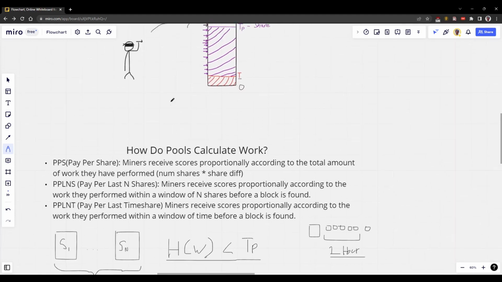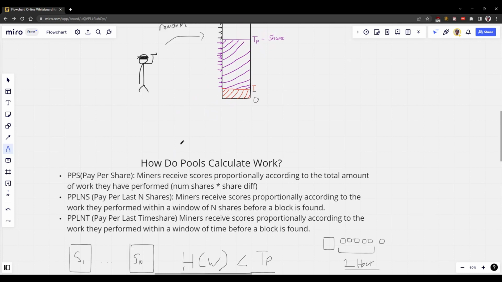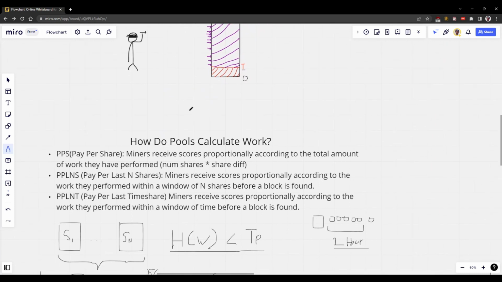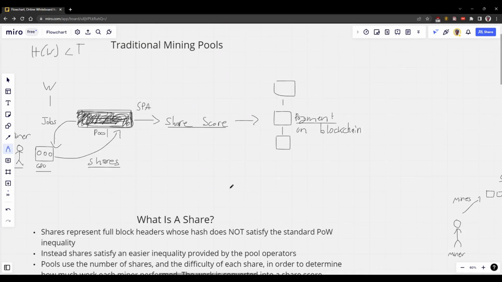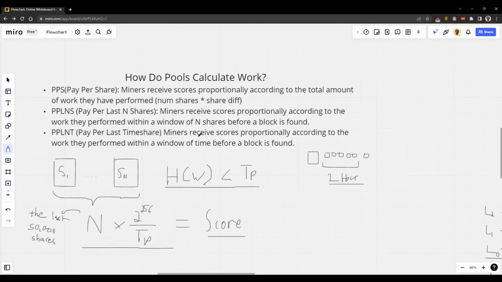Let's look at the share processing algorithms that take these share values and convert them into a share score, like we talked about above. There are a few different algorithms, and the most basic one is the pay-per-share algorithm. Miners receive scores proportionally according to the total amount of work they performed.